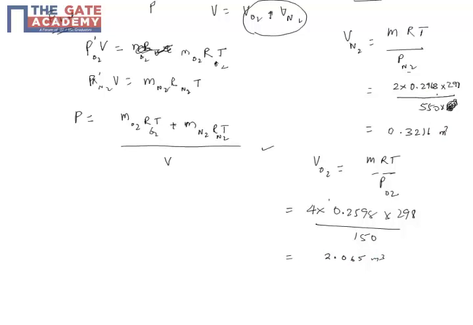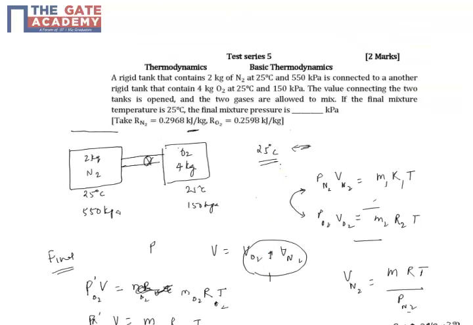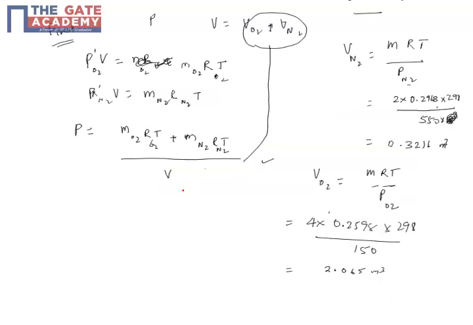Now when we sum up these two values, we use this expression for V. So V is 0.3216 plus 2.065, and this value comes to about 2.3816.